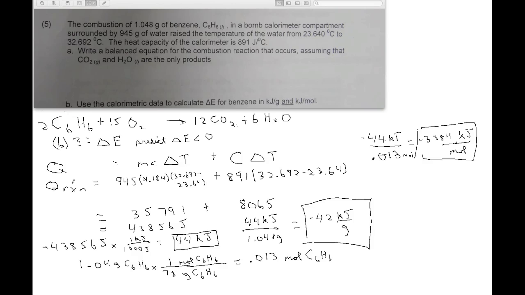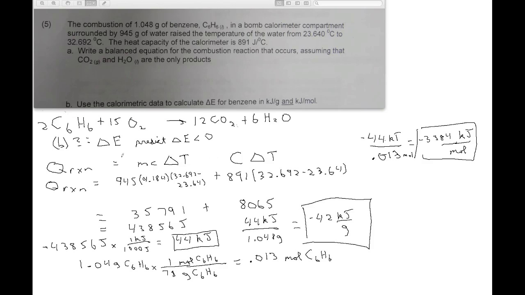Q for the reaction is equal to negative MC delta T plus C delta T, the way I have it written down. So I guess if you were going to do Q for the reaction, you'd do negative MC delta T minus capital C delta T, right? Right. Okay, it sounded like you were putting in a plus here.